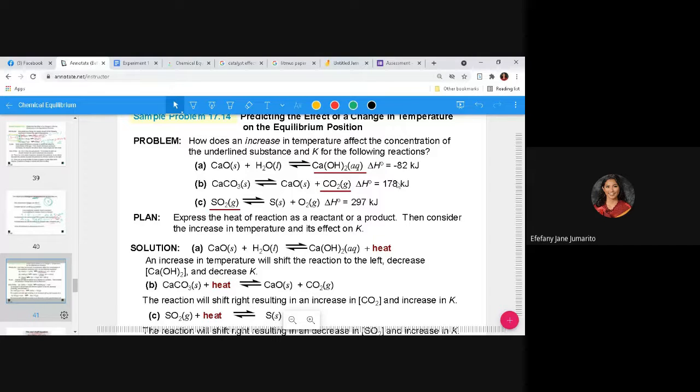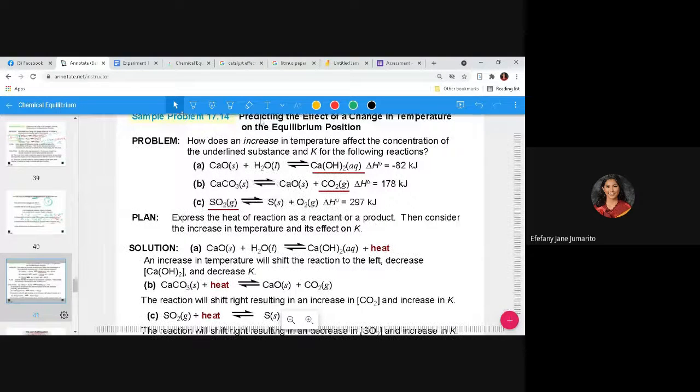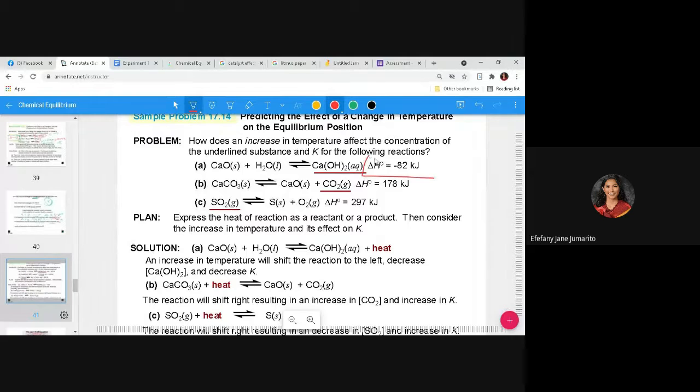Okay, when we have this one, enthalpy is negative. Is it an endothermic or exothermic reaction? Endothermic. Why? What is enthalpy, class? From our kinetics, it is the product minus the reactant, correct?